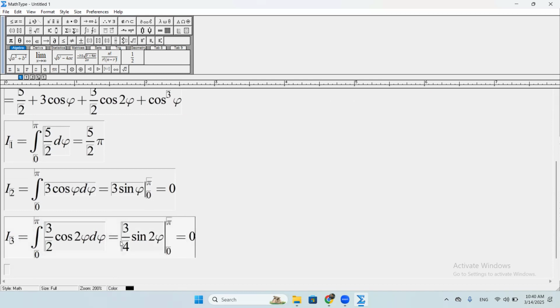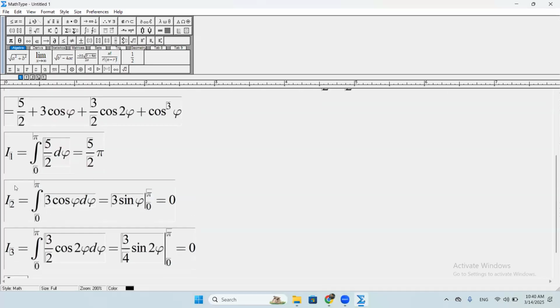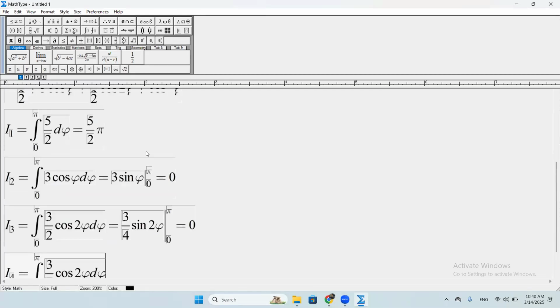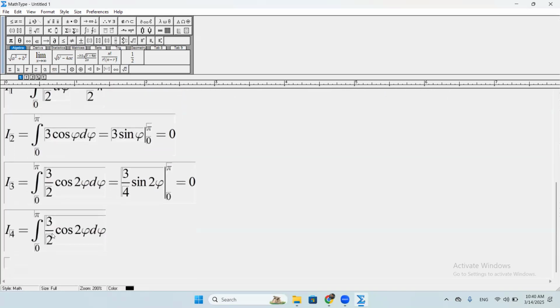And of course it will be equal to 0 as well. Then I4 equals the integral of cosine cube of phi d phi.